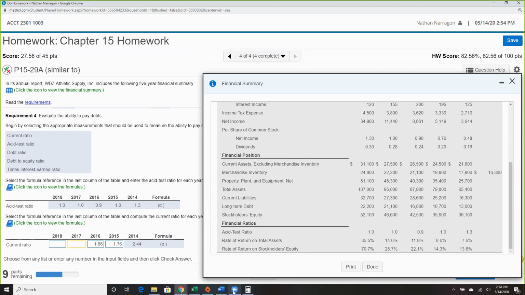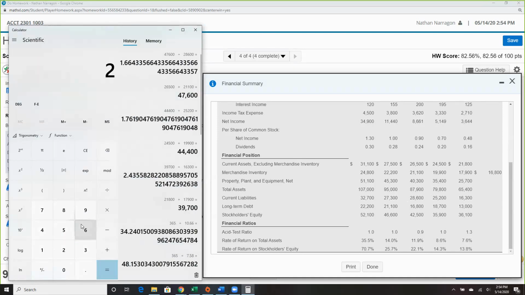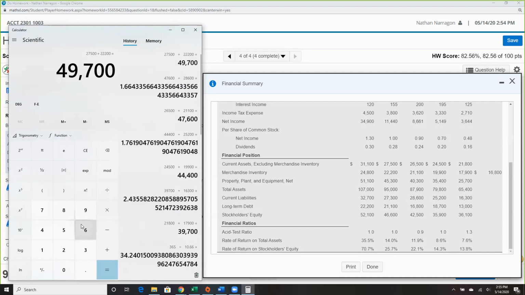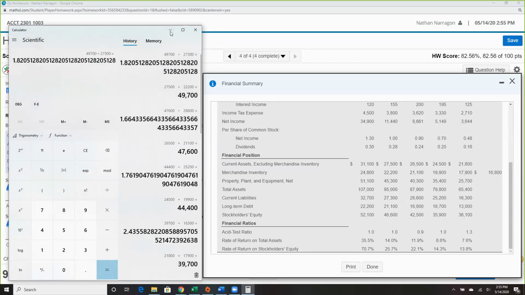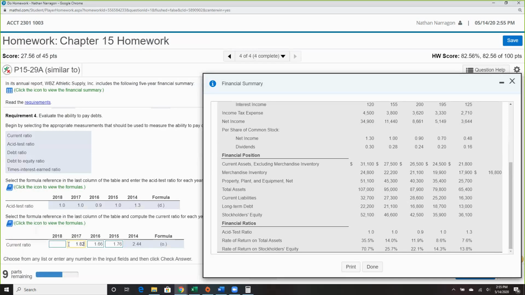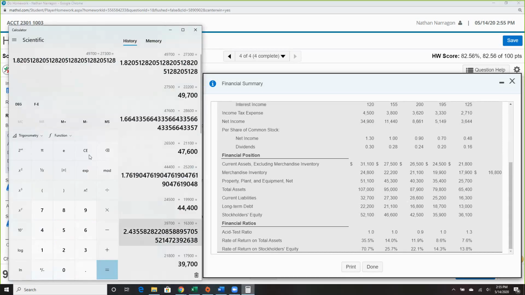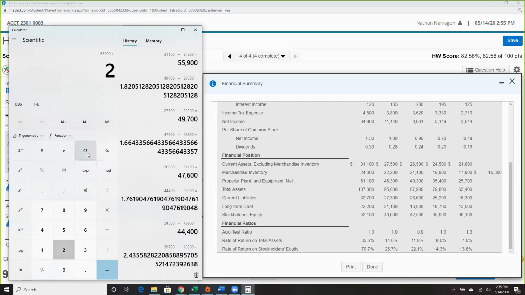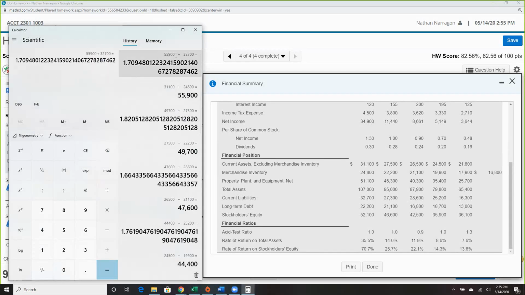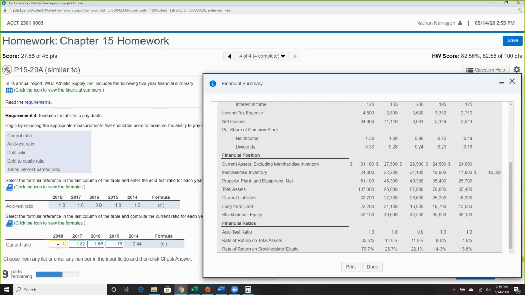Okay. 17,500 and divide by 27,600, 1.82, and 18. At 1.71. Oof.